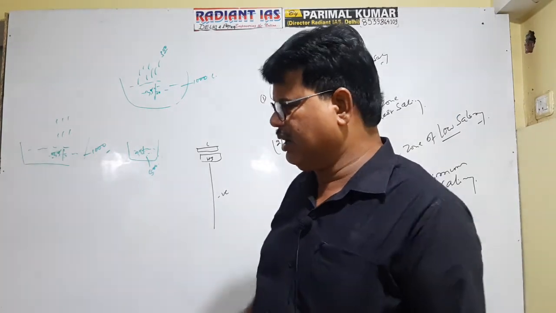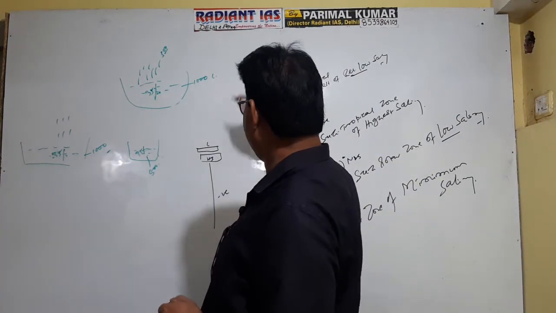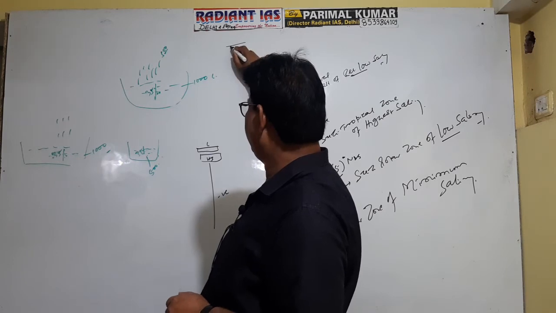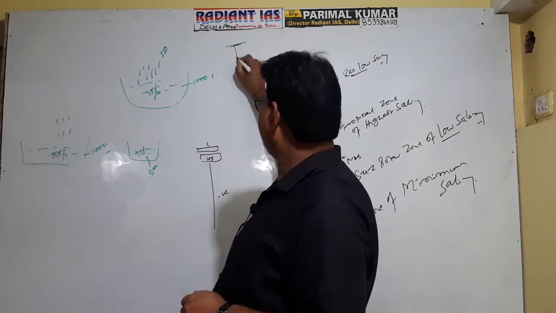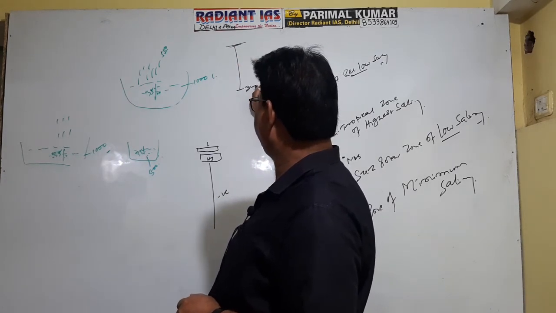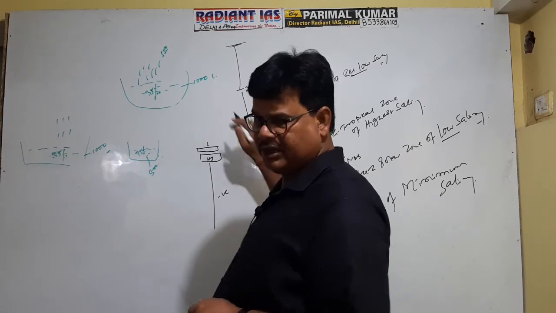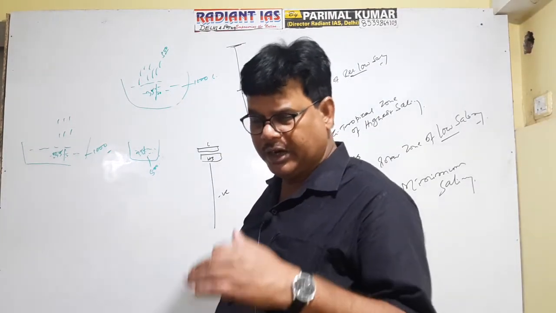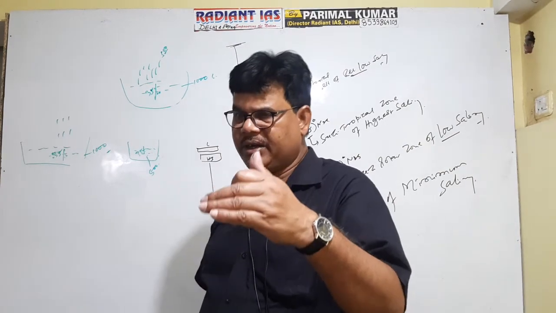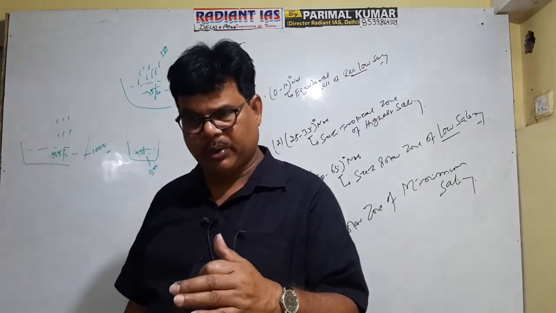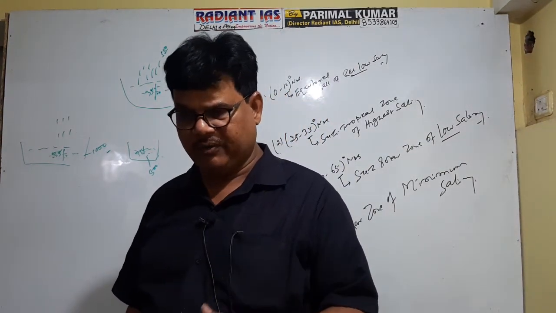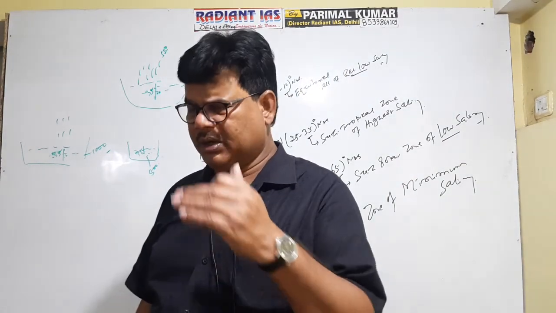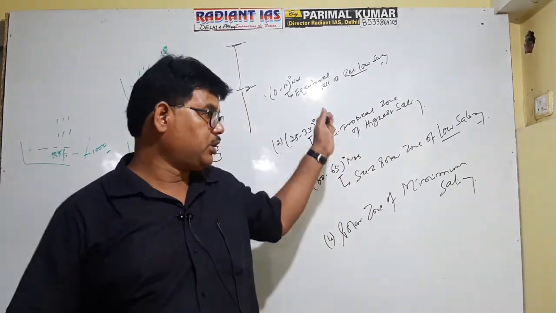In the middle latitude zone, low salinity is found at the surface. Salinity continuously increases up to 200 meters, then after it decreases. And in the polar zone, salinity continuously increases in the downward direction. There is a positive trend in vertical distribution. This is not so much relevant, but this is relevant.